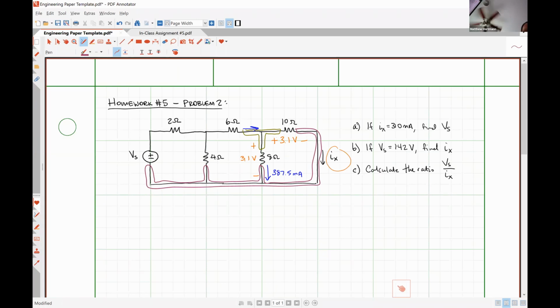The other side of the 6 ohm resistor, however, is an entirely different node. So if the 6 ohm resistor isn't in parallel with the 8 ohm resistor and the 10 ohm resistor, there is no reason to assume that that voltage drop would be the same. And let me identify my other node too.